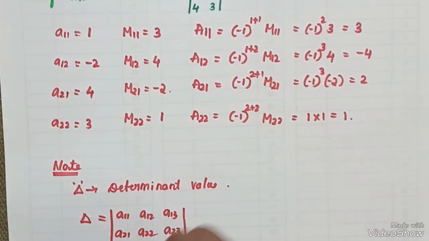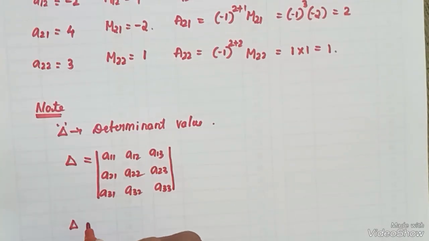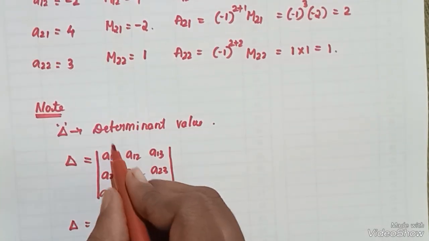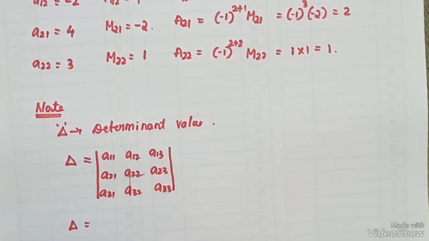Then the determinant can be found in 6 ways, because there are three columns and three rows.